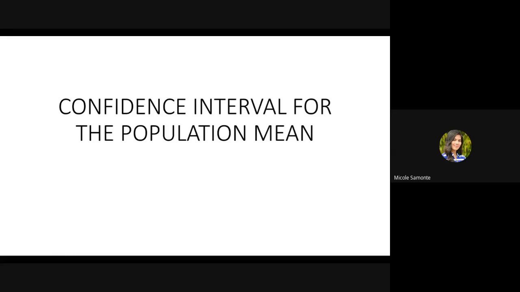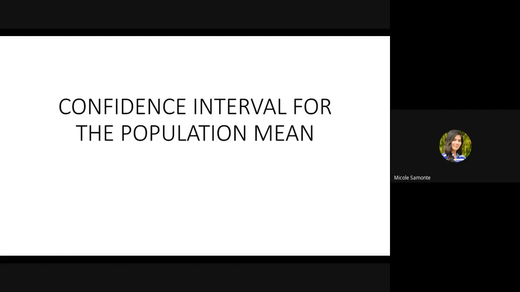wishes to estimate the average age of students attending classes, this online learning. So the principal of Arellano University could select a random sample of 100 students and find that the average age of these students, say for example, is 17.3 years.